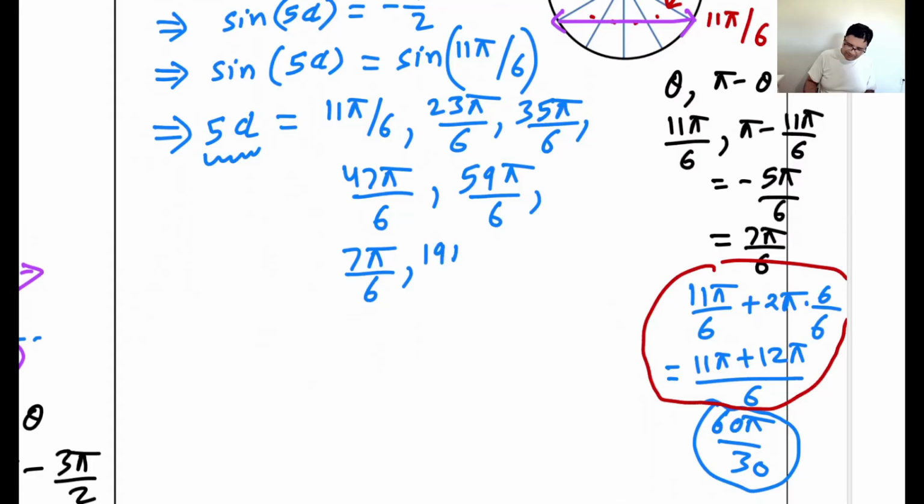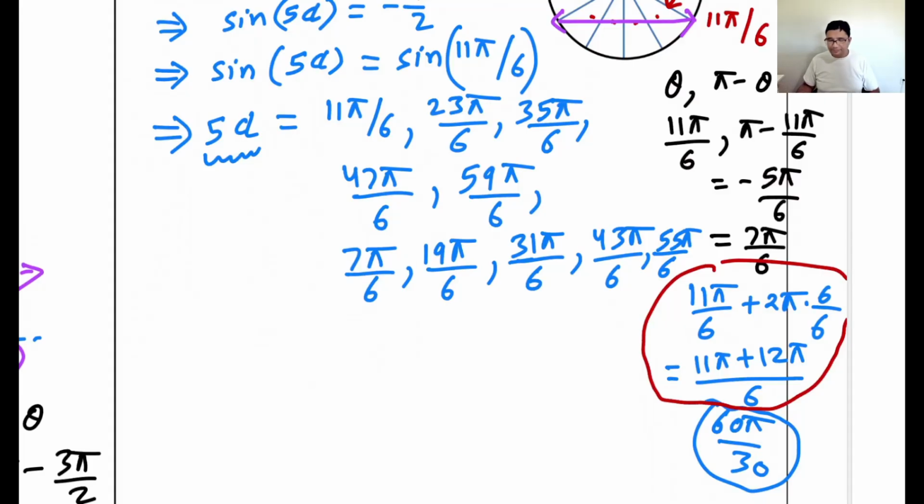And then 19 pi over 6. And 31 pi over 6. And 43 pi over 6. And 55 pi. Okay. These are all valid solutions.